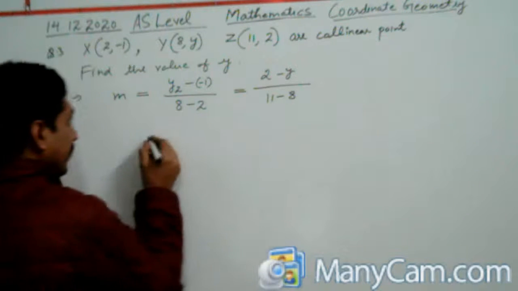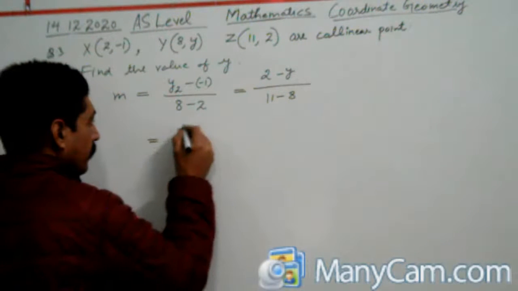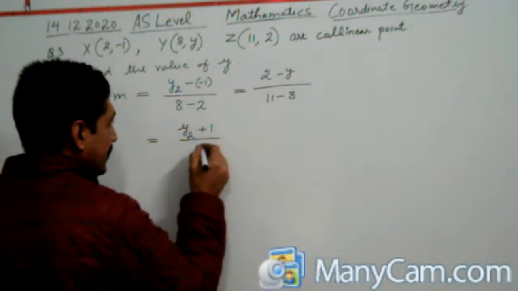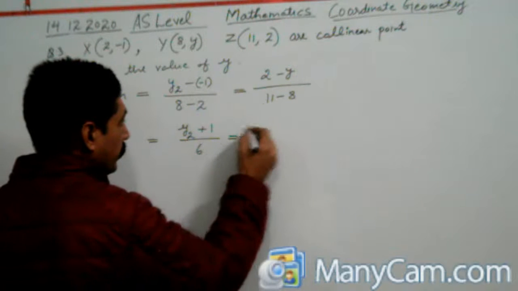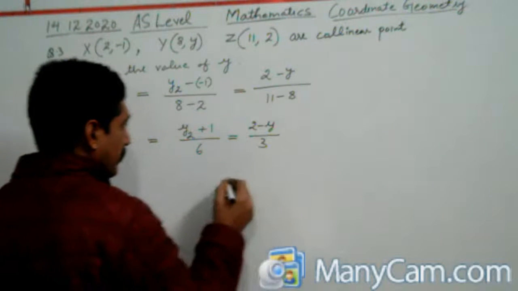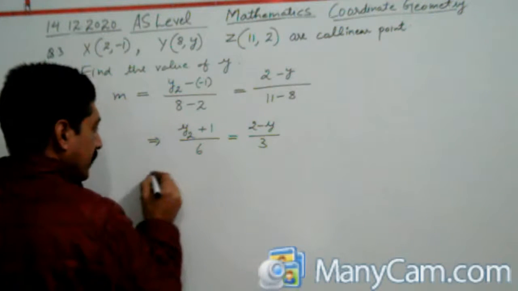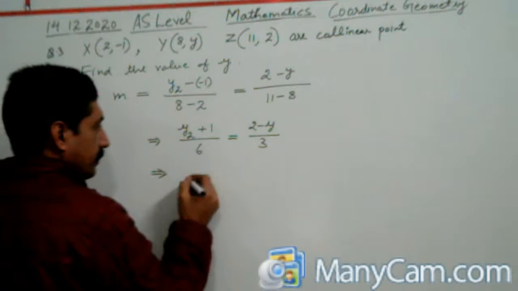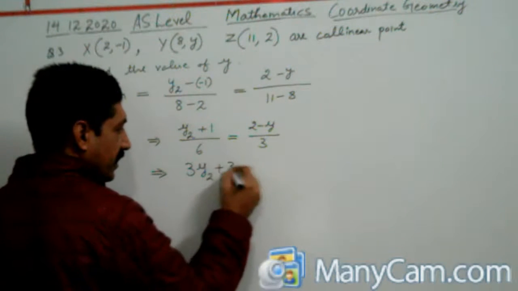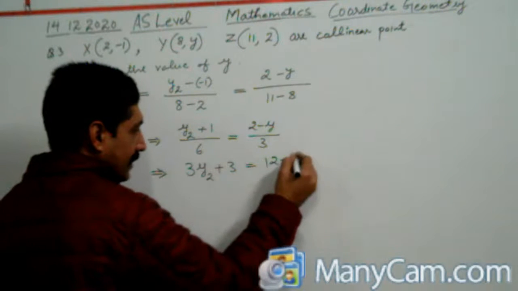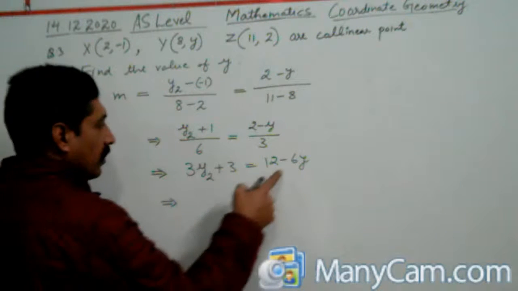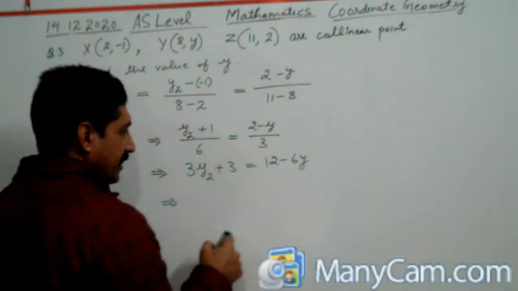So we will solve it. What is left here is (y plus 1) divided by 6 is equal to (2 minus y) divided by 3. When we cross multiply, we get 3y plus 3 is equal to 12 minus 6y. Just cross multiply, not interchanging the sides.